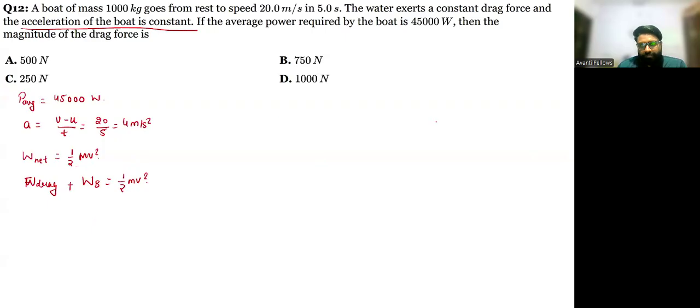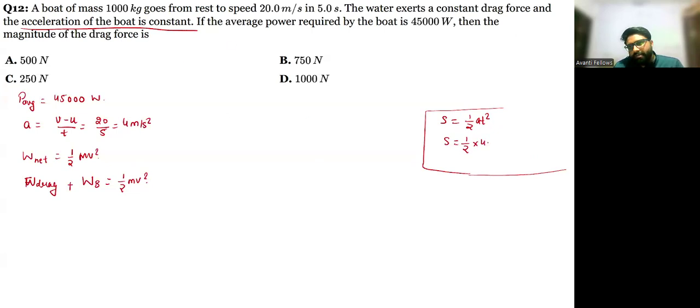Now, if you calculate how much the boat has been displaced in 5 seconds, it's easy. S is equal to 1 by 2 times at square because u is 0. So S will become 1 by 2 times a, which is 4 meter per second square, and time is 5, squared, which is 25.